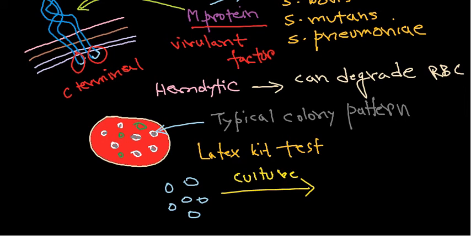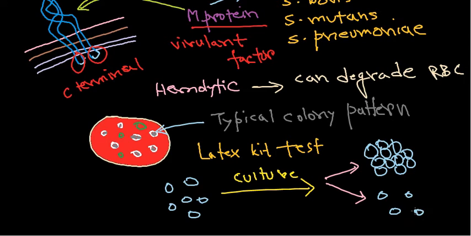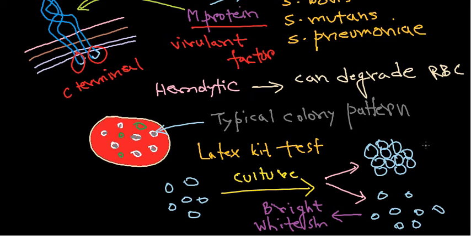Now after that, two different results can be obtained. One result is that all of these latex particles will agglutinate with one another, and on the other hand, another result can be that they will remain separated without being agglutinated. If the second occurs, it provides a bright white solution, and in this case it won't provide anything.